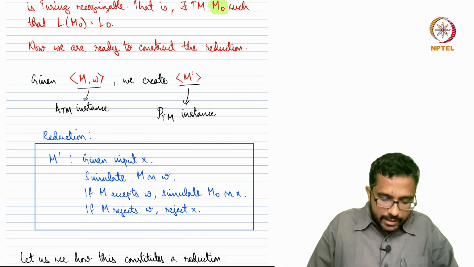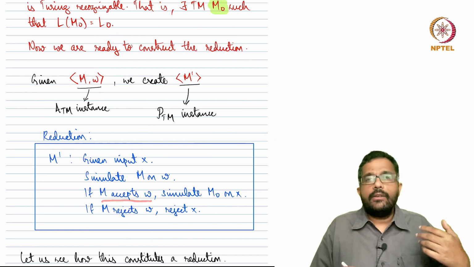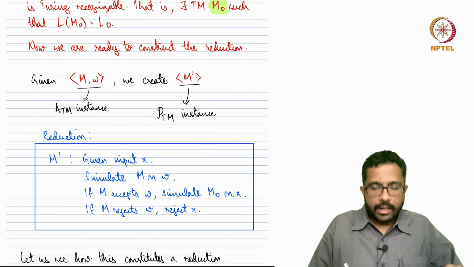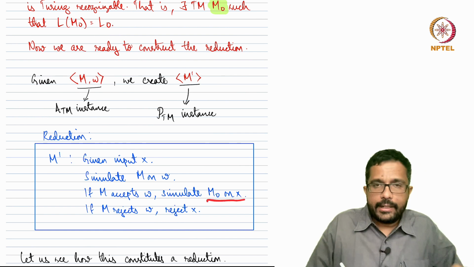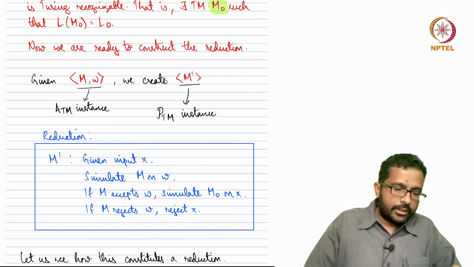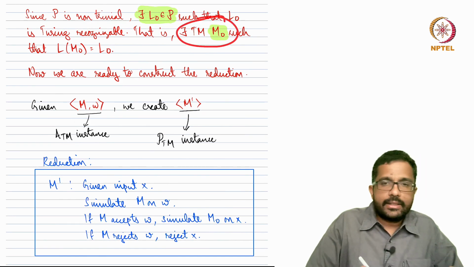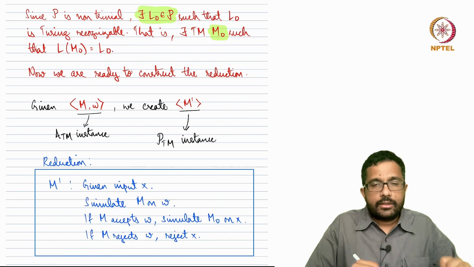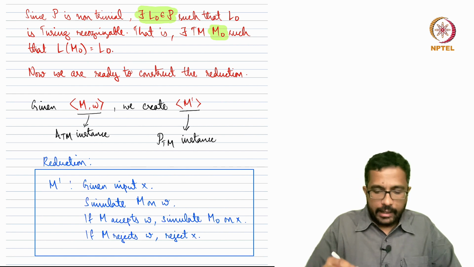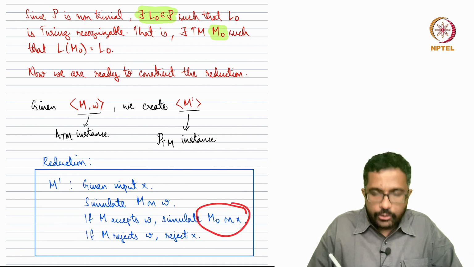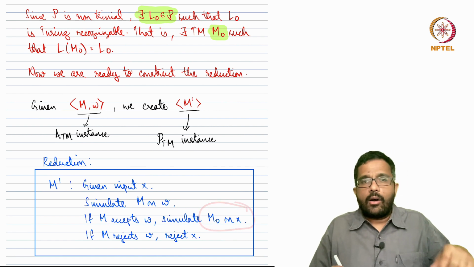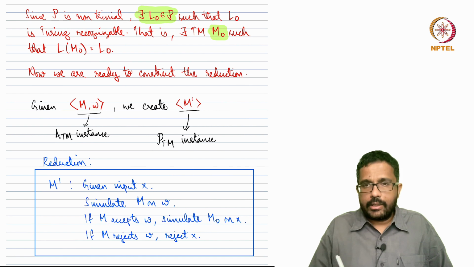If M accepts W, then M prime starts simulating M0 on the input given to it, where M0 is a Turing machine that recognizes L0. So if M accepts W, then M prime runs M0 on X. Now is when the input of M prime starts getting operated on.